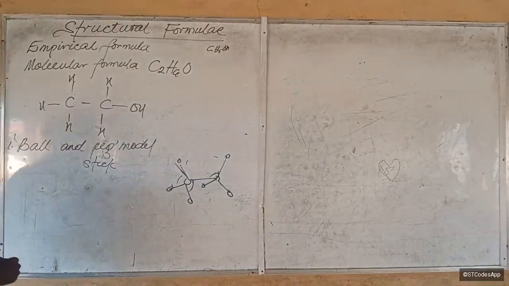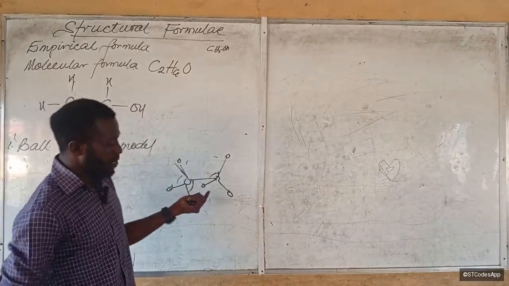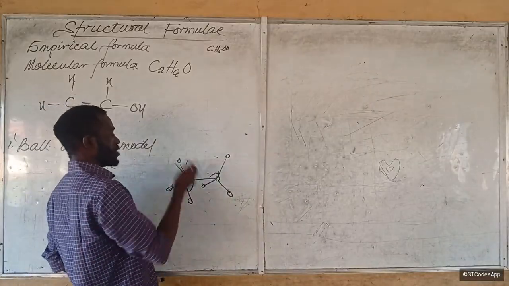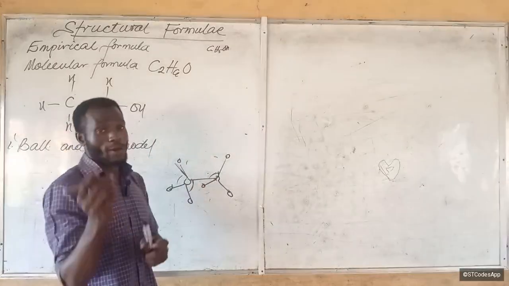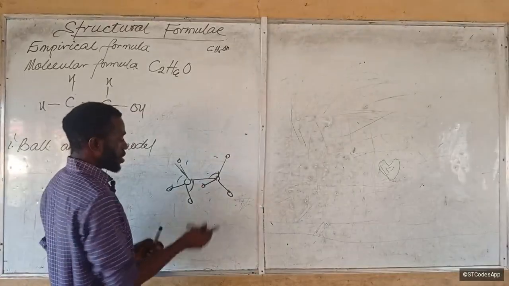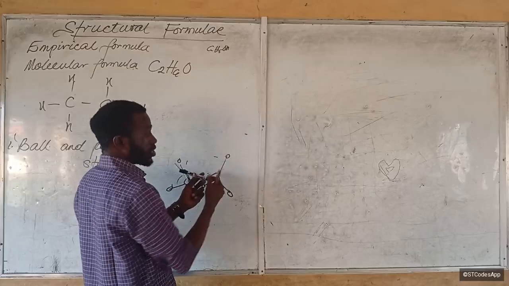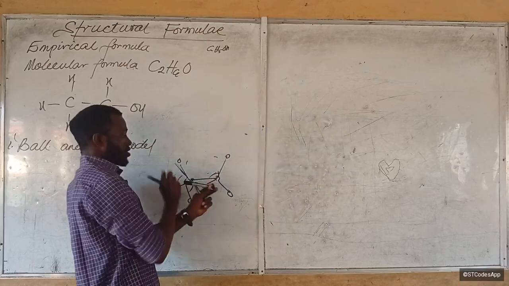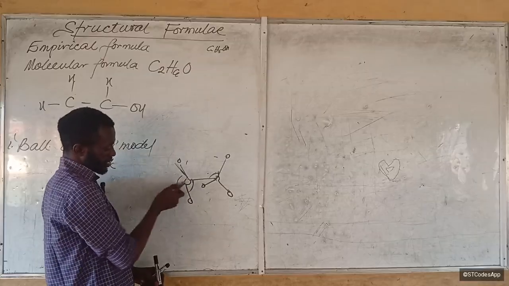Okay? But the limitation of this is, if you look at this now, you may be wondering whether all of these balls I drew here are carbons, all carbons. By the way, I was talking about how we did it in those days. Just take brooms, then chew gum, put gum here, use a toothpick, attach to this gum, and put a gum here, attach to this gum, put a gum here, and then attach to this gum again, and like that.